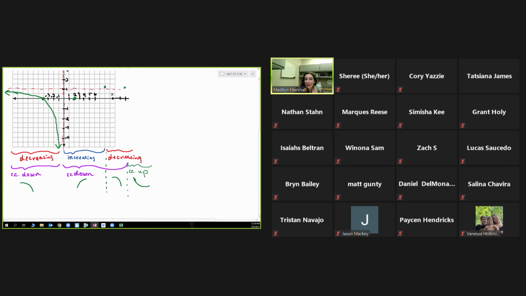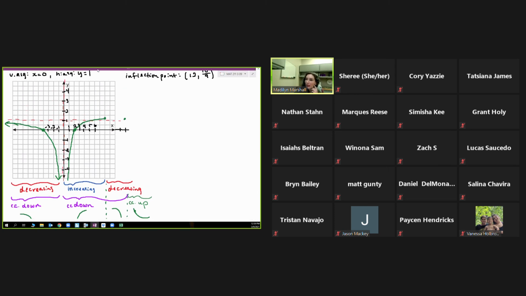Our next piece is increasing and concave down, which means it should be going up, but that curve part is going down, and it's reaching its maximum at that point.